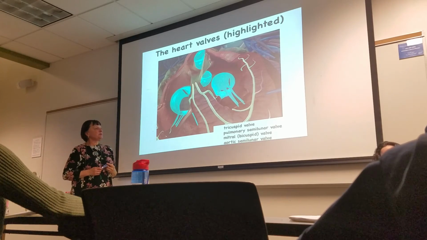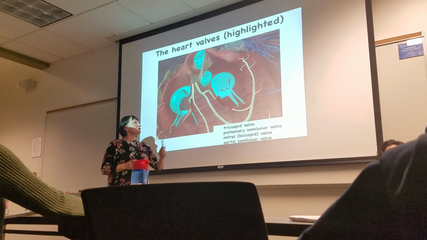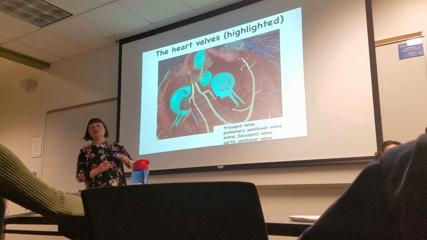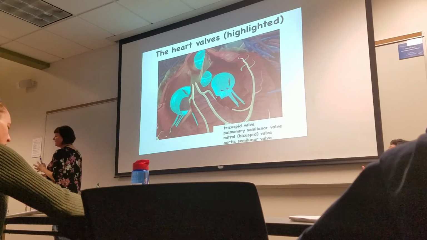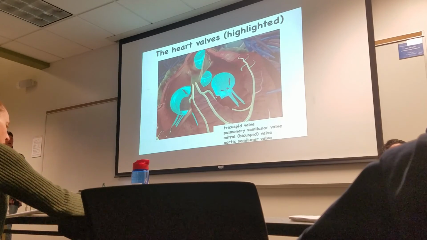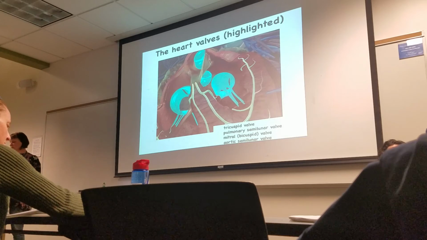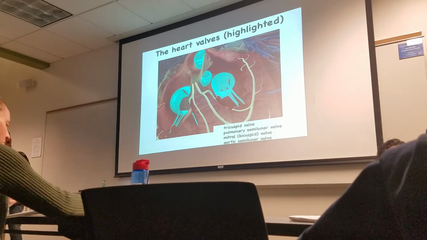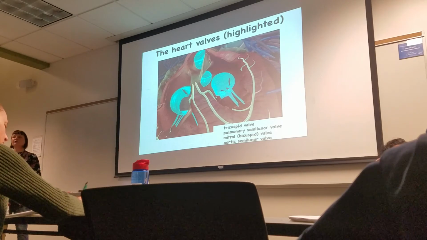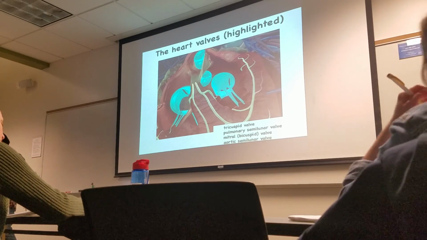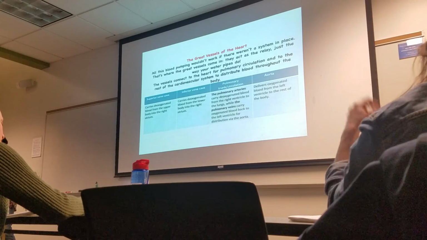Mitral bicuspid valve, another huge one, and the last one, aortic semilunar. This is almost three-dimensional, it means you have a very good concept of the location of the valves, the location of the chambers, and also the very important concept of the directional flow of the blood through the heart.